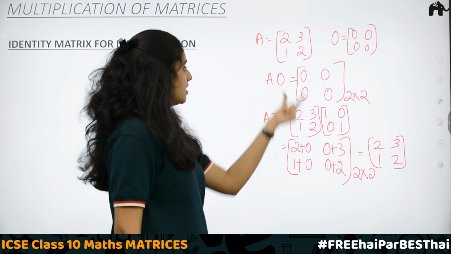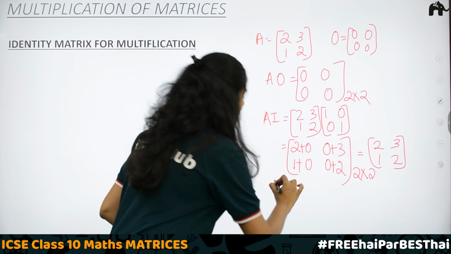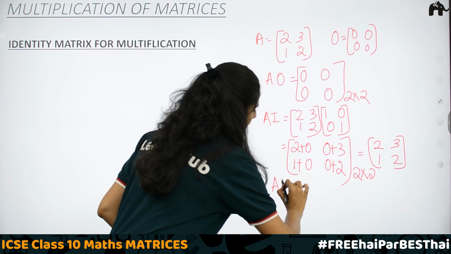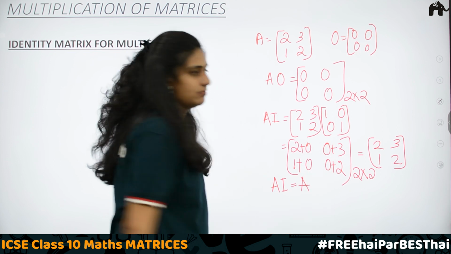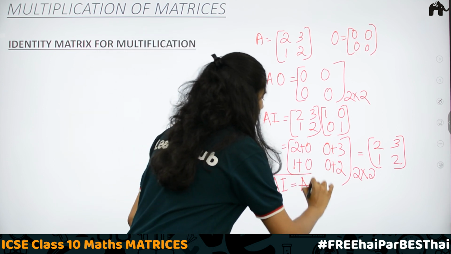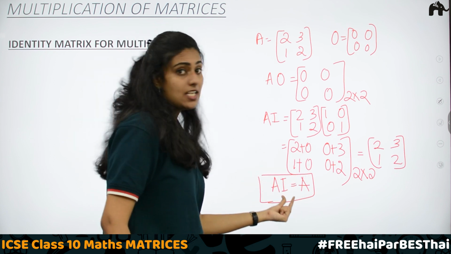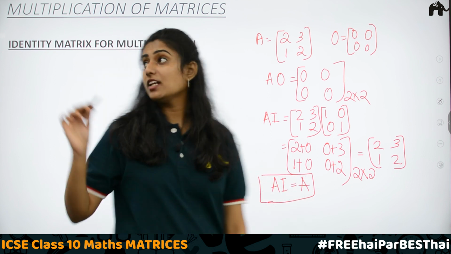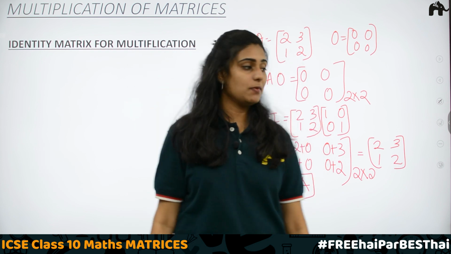Here we have taken matrix A is equal to 2, 3, 1, 2. That is, a matrix A into identity matrix gives us the same matrix A. Okay? Which means this identity matrix is the identity matrix of multiplication.